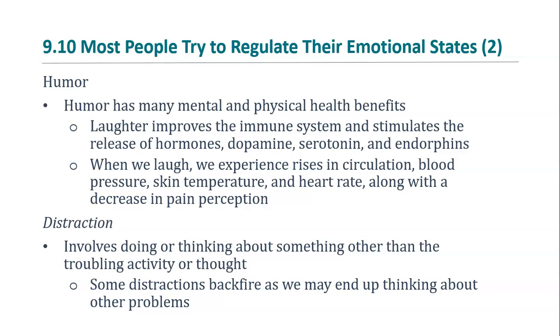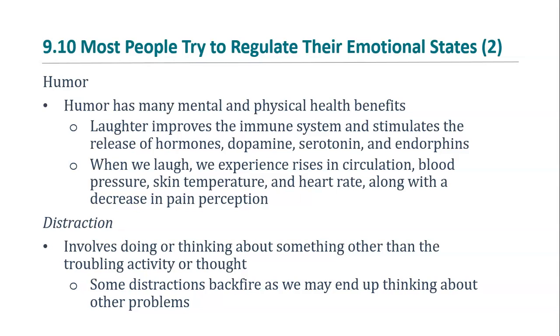A beneficial short-term strategy is distraction. Getting yourself to think about something else. So if you're in a bad mood, doing something you enjoy, this is usually very good. It can sometimes go wrong when, instead of thinking about the current problem, we start thinking about something else. But in general, distracting yourself is a good way to reduce those negative emotions.